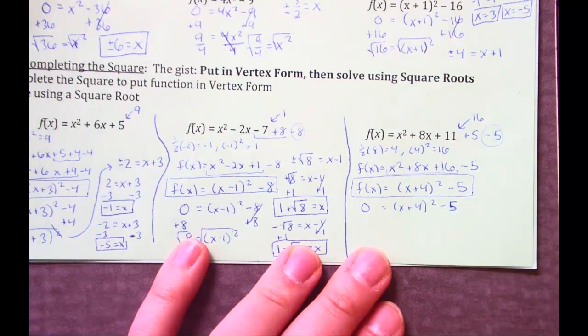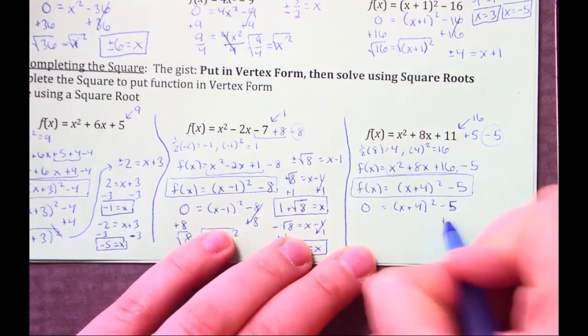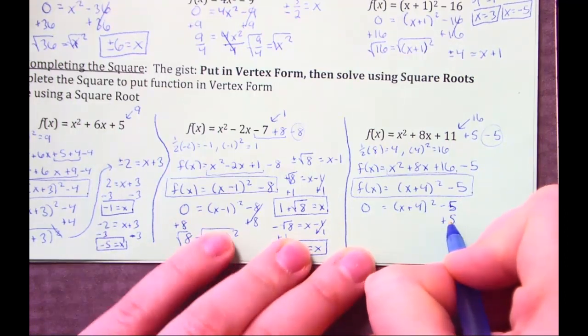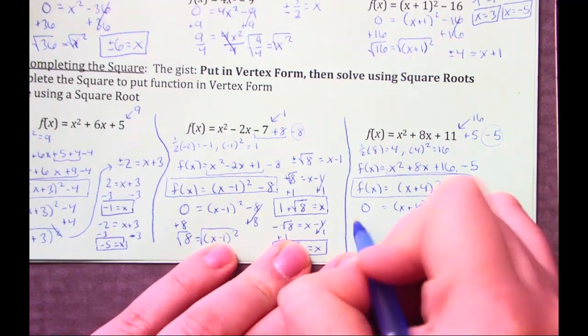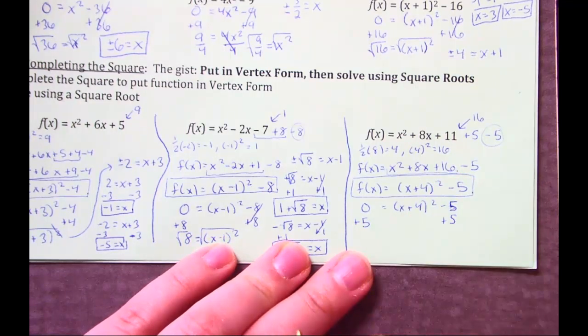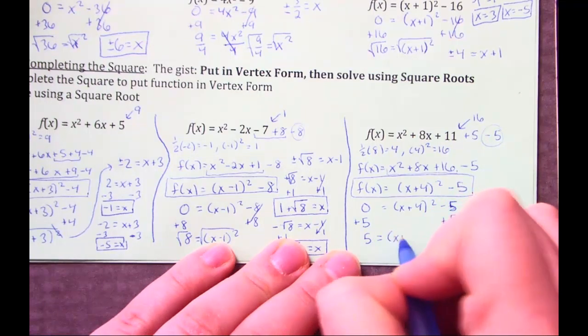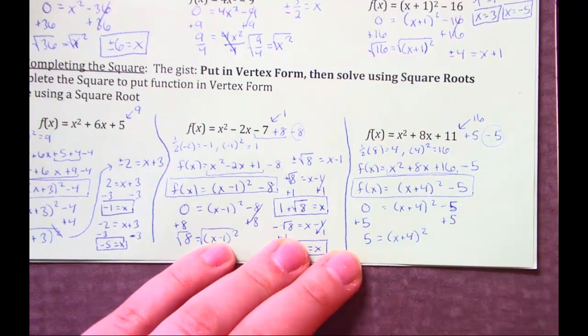So first I need to put 0 in. First we have 0 where the y is because the solutions happen when y is 0, the x-intercepts. And then I'm going to add 5 to both sides. So I have 5 equals x plus 4 squared.